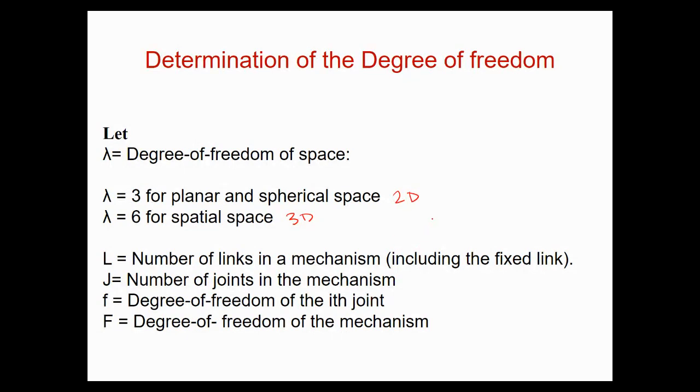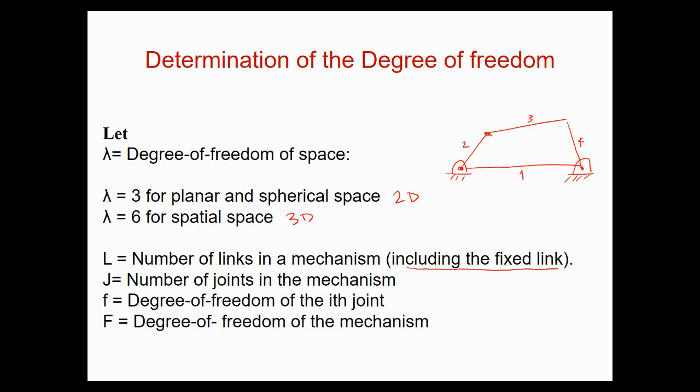Okay. Now the number of links in the mechanism, and we include the fixed link as well, as you see. For example, if you have a 4-bar, let's say, like here, this is another link. 1, 2, 3, 4.